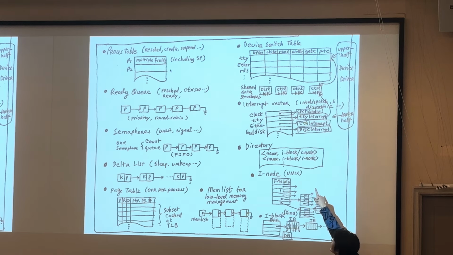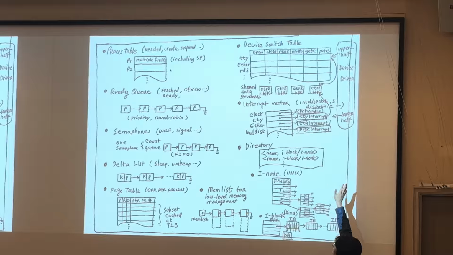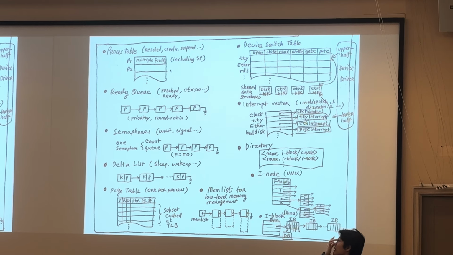So this is an interrupt vector. For clock interrupt, you have a clock handler; for TTY, a TTY interrupt handler; and there are Ethernet and disk interrupt handlers. So that's device drivers and interrupt handling.